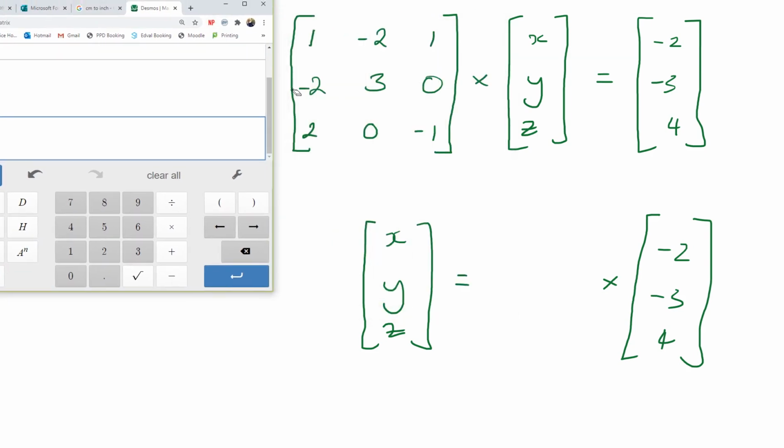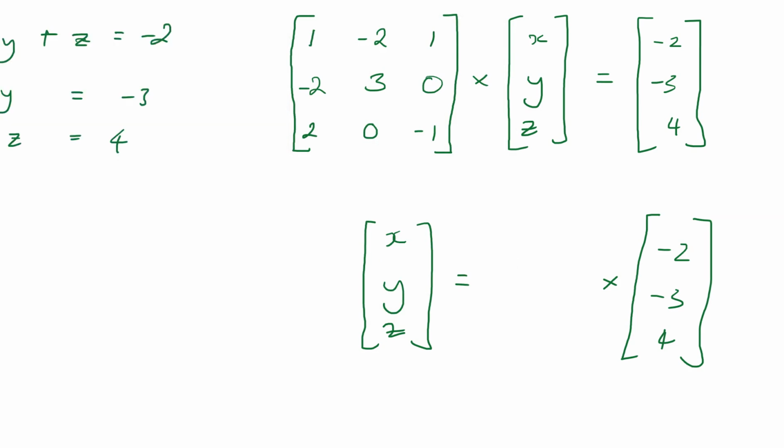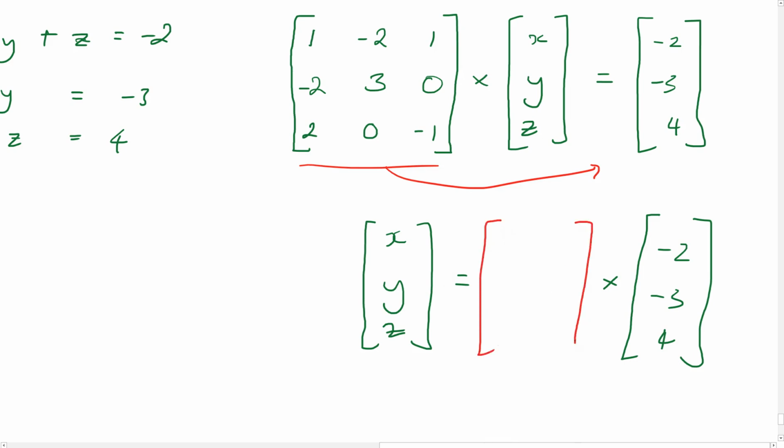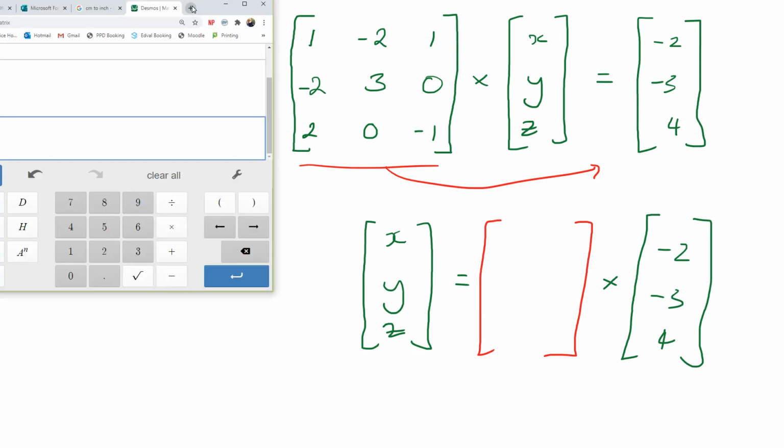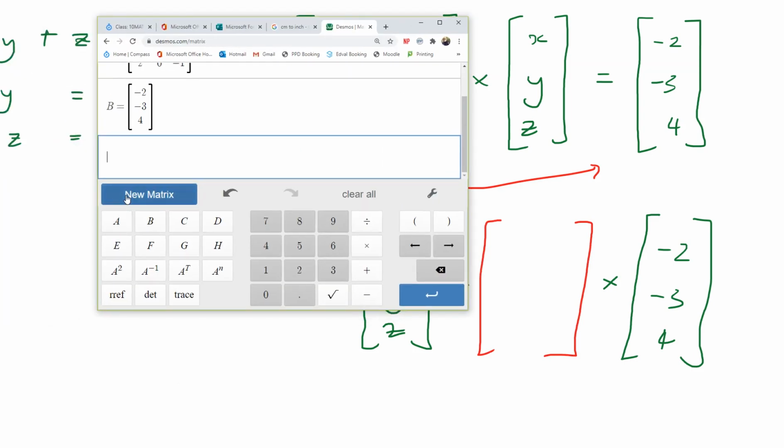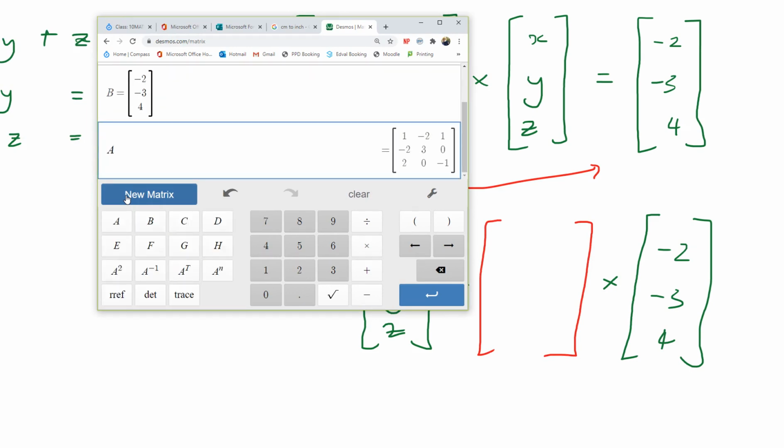Remember, the process is to inverse that matrix and bring it to the other side. So you want to get the inverse of this, bring it to the other side, and then multiply it with that matrix. So in this case, when I inverse it, this is the inverse of that matrix. That'll be a matrix A, I've called it, so it's going to be A inverse.